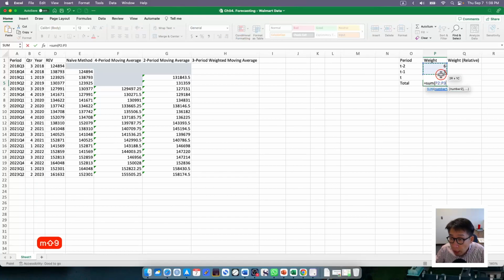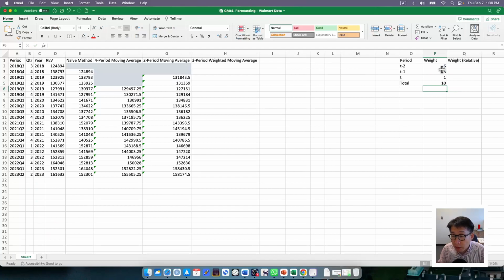So this weight assignment is not part of the assessment. This weight allocation is basically based on your understanding of the underlying pattern. For some reason, if you believe earlier months should contribute more in terms of generating the forecast, this is what you should do.